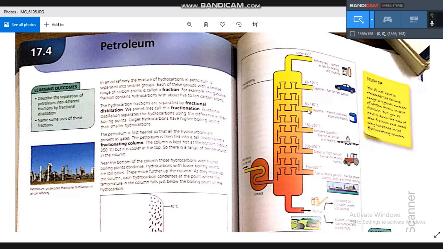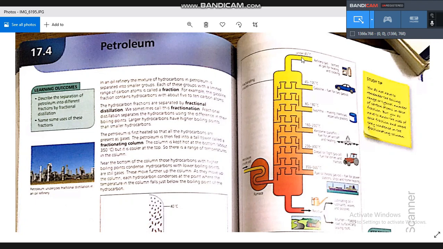And from these openings, we can get different components, depending on their boiling point. From the top of the fractionating column, we can get hydrocarbons that have a boiling point below 40 Celsius.